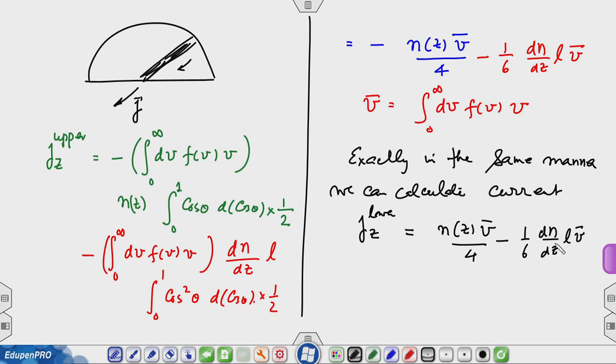And you add the two, and you get the total current. So the total current Jz comes out to be Jz upper plus Jz lower, and this comes out to be minus 1/3 L V bar dN dz.